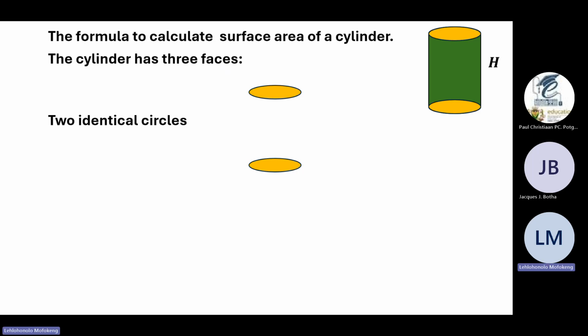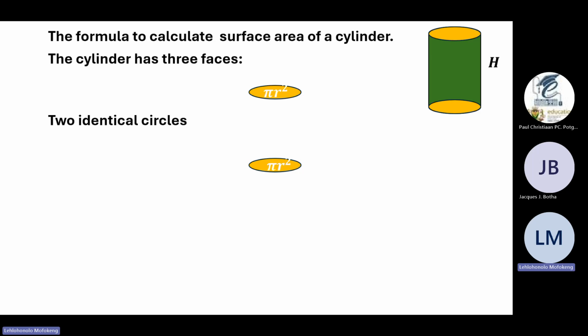For us to calculate the area of these faces, we must know how to calculate the area of a circle. And the area of a circle is calculated by pi r squared. So that means in here we have 2 areas of pi r squared.